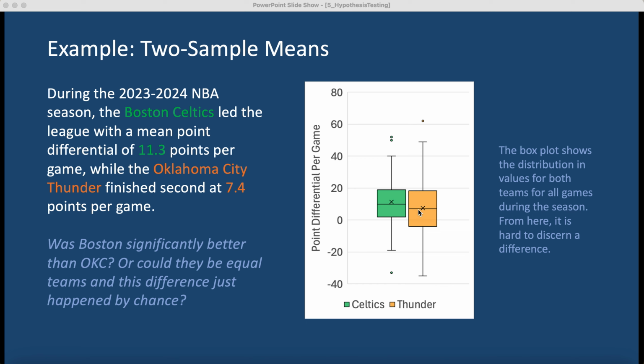The average value on these box plots is indicated by the X. And yes, Boston is up here, Oklahoma City is a little bit lower, but the Thunder spans a larger range. The Celtics span a slightly smaller range, but they both have fairly high values and a lot of overlap in their box areas. So it's a little bit harder to discern from this that one team was obviously better than the other.